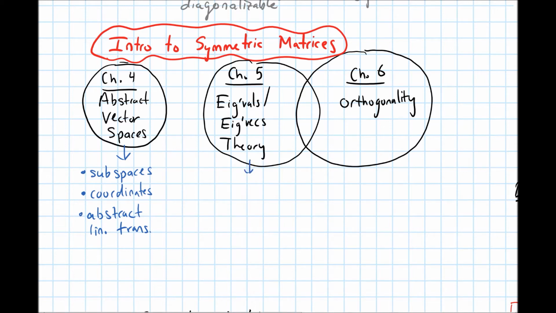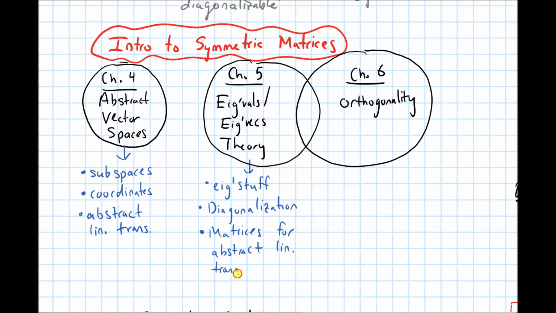But let's first list out some of the things that we talked about in these two chapters. In chapter 5, we talked about eigen stuff: eigenvalues, eigenvectors, eigenspaces. We talked about diagonalization, and matrices for abstract linear transformations.